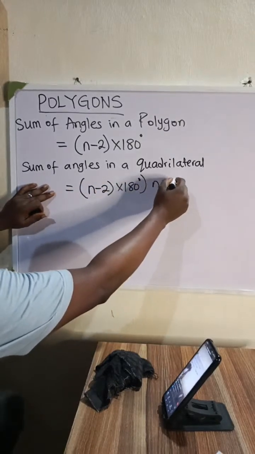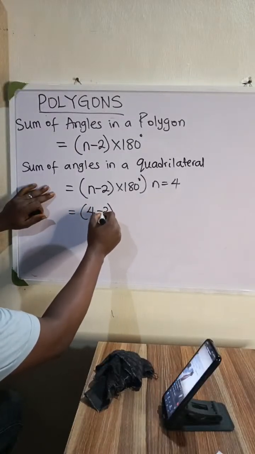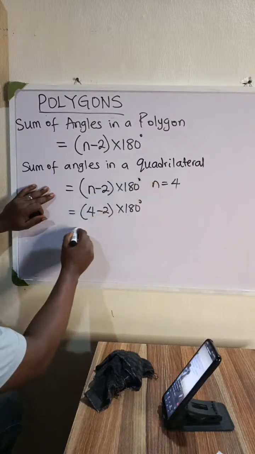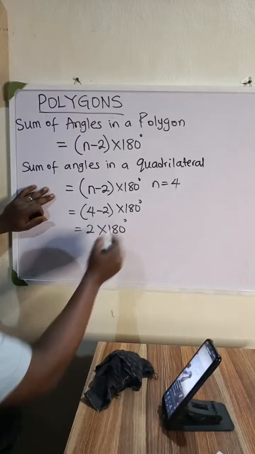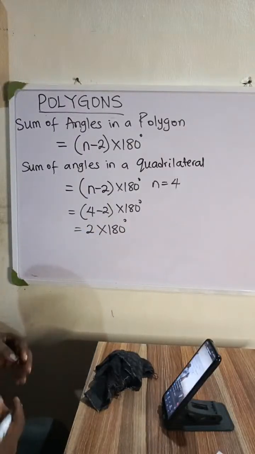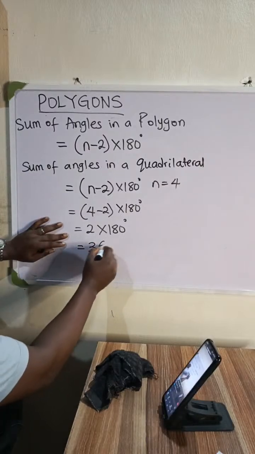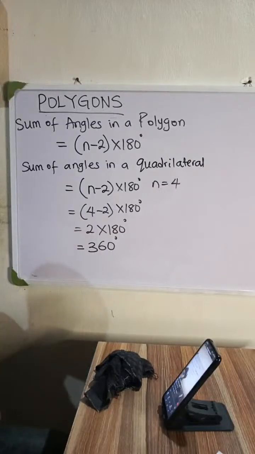N is equal to 4, so 4 minus 2 times 180 degrees. 4 minus 2 gives us 2, so we have 2 times 180 degrees. And just as we learned in our previous class, the sum of angles in a quadrilateral is equal to 360 degrees. So this confirms what we have already learned.